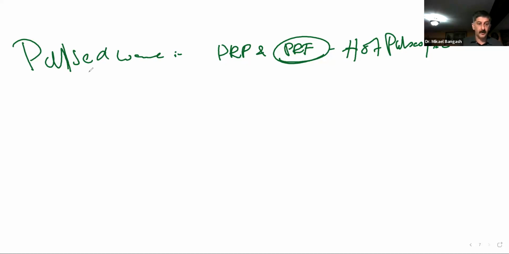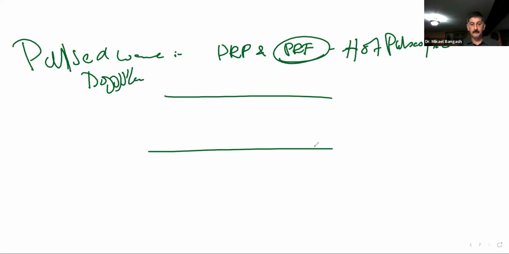When we talked of pulse wave Doppler, we said that if this was your blood vessel, this sample gate here, we could move it to different depths if we wanted to.